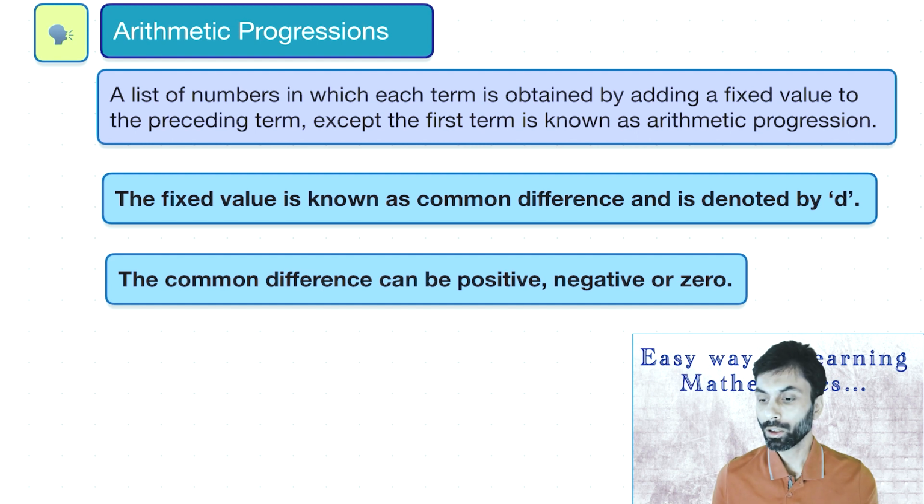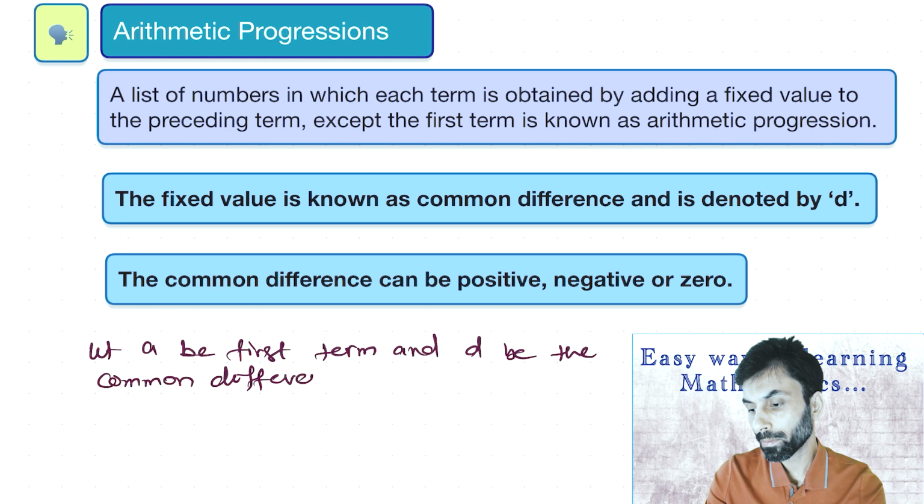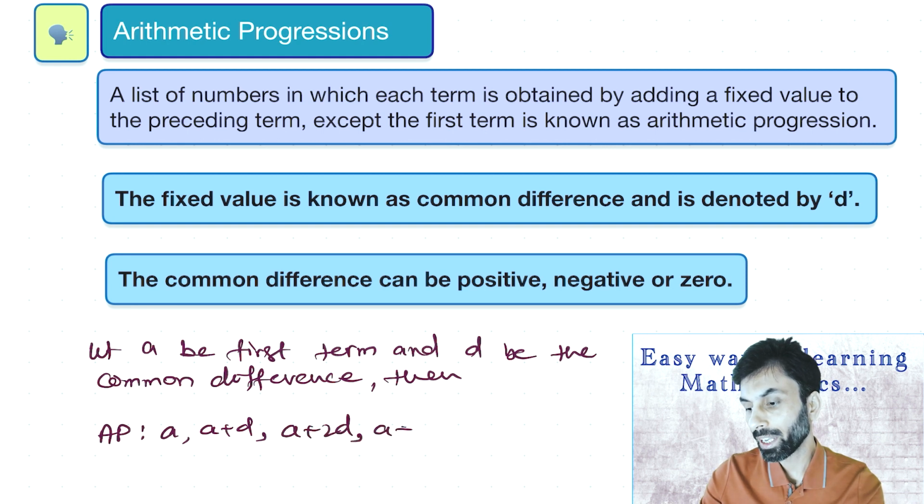So here, let A be the first term and D be the common difference, then the sequence of the AP will be A, A plus D, A plus 2D, A plus 3D and so on.